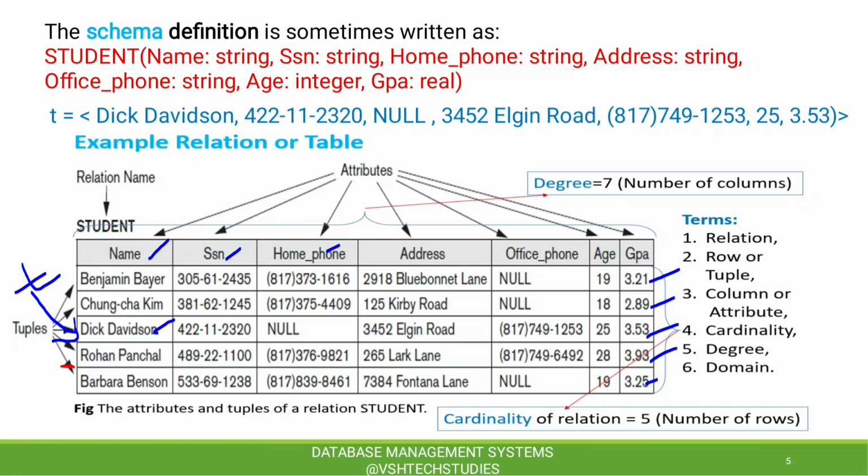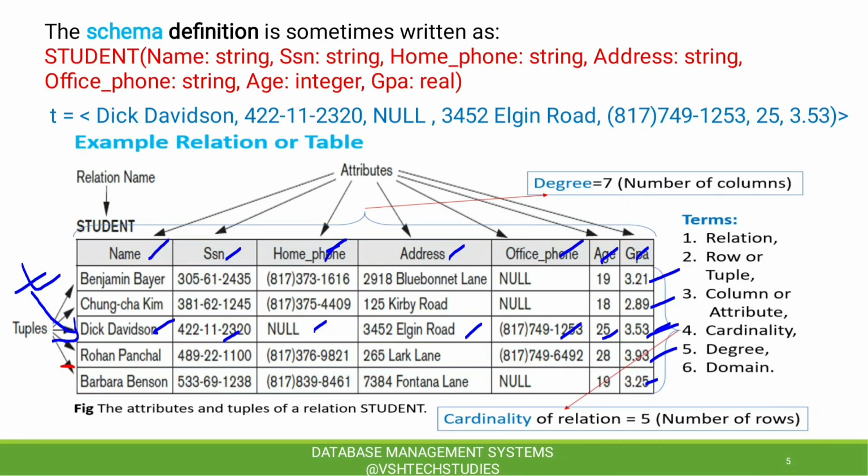The SSN attribute has this value filled here. For the home phone attribute, null is filled. For the address attribute, this address value is filled. For office phone, this number is filled. For the age attribute, 25 is the value. For the GPA attribute, the value 3.53 is filled.